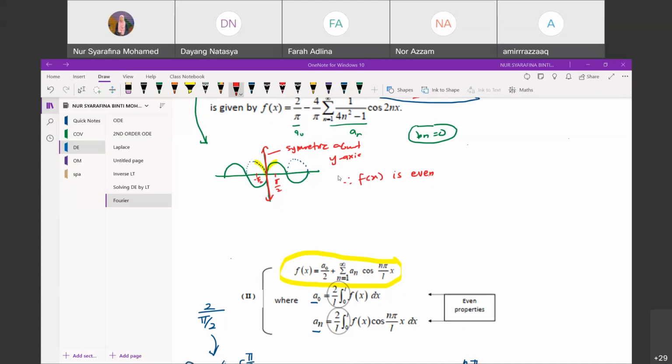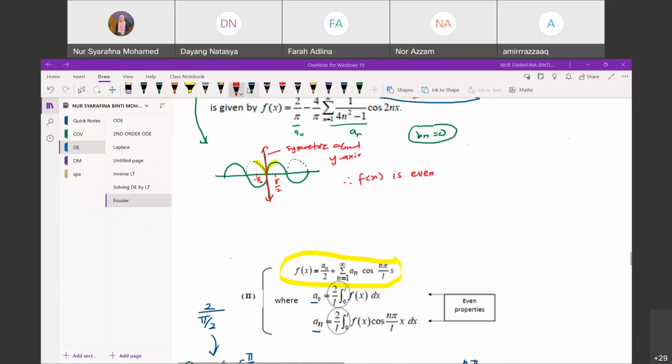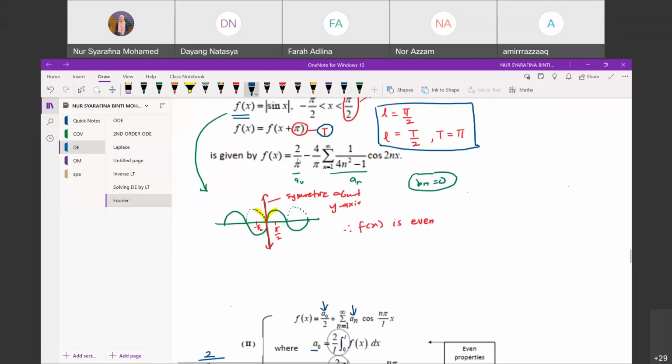Okay, so now you know that you have to use the Fourier series of even, where you just need to find A naught and An only, where A naught is given by this and An is given by this. Then just substitute. Try to show that the given Fourier series is obtained using this function, sine x.